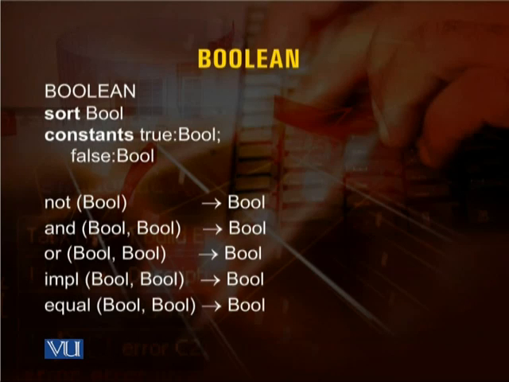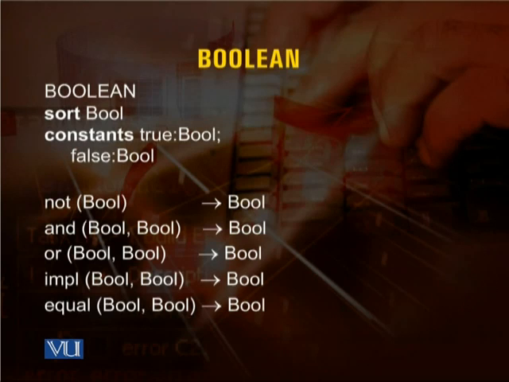The operations on this boolean that I am going to have, there are 5 operations. Not of a boolean gives us a boolean. And, which takes 2 booleans and it gives me the boolean. Or which takes 2 booleans and it gives me a boolean.